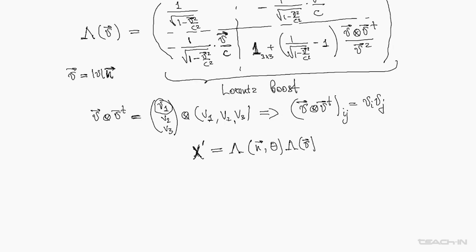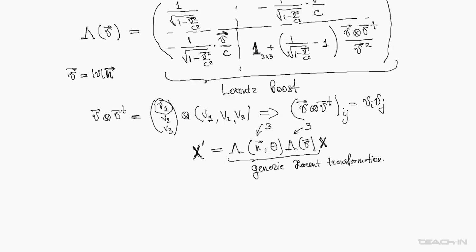And this is applied to x. So this is a general or generic Lorentz transformation. You have three parameters related to rotations, and three parameters encoded in the velocity vector related to the Lorentz boost. So altogether, you have a 6-parametric group of transformations.